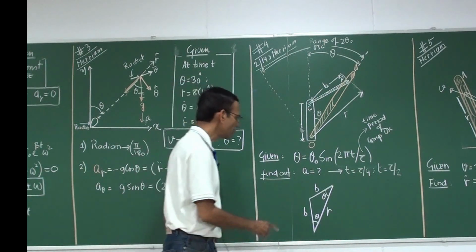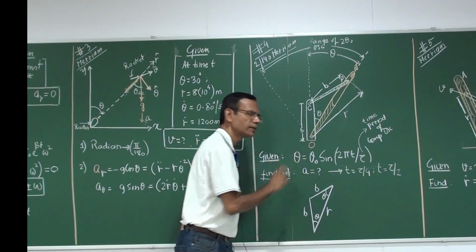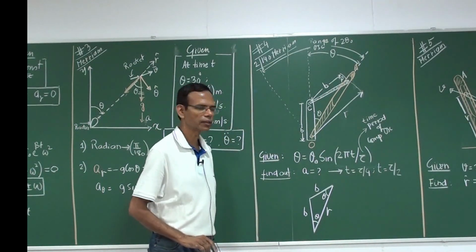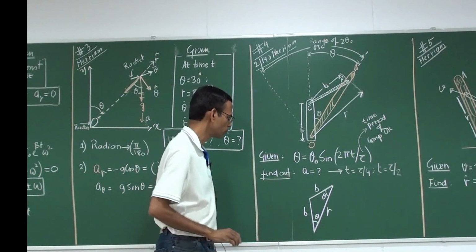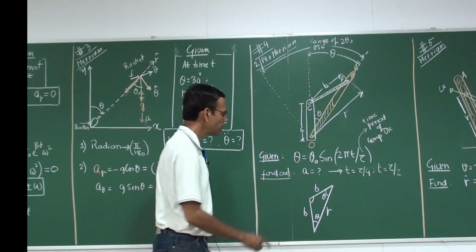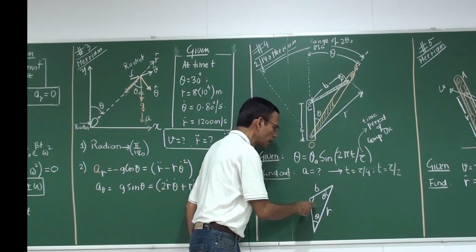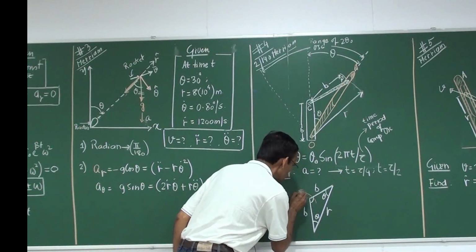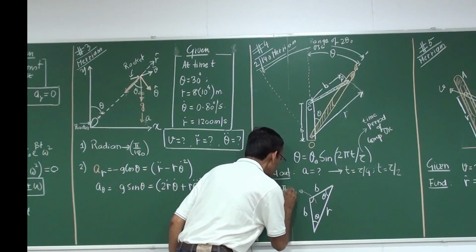Now I can find the relation between R and theta. How? By the sine rule that you have studied in trigonometry. What will be this angle? This angle is 180 degrees, that is pi minus 2 theta.